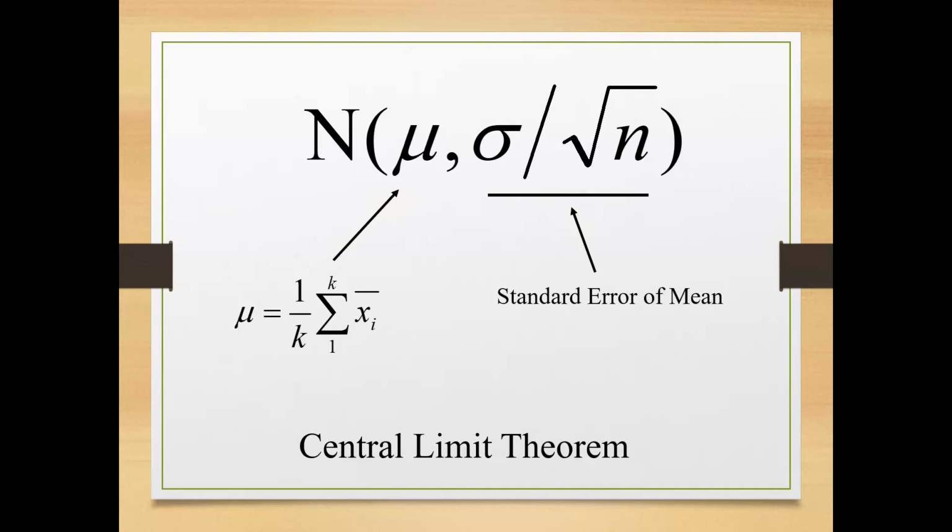Right. So in this case, we still need to know sigma. But then we're going to modify it based on the sample size. Okay, so this sigma over root n, the practical implication of it in terms of solving problems is that when we're given data where we have a sample that's taken and we'll have a sample size given, we still need to know the standard deviation from the population, but that's temporary.